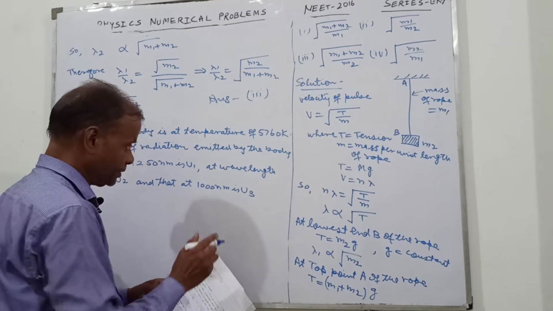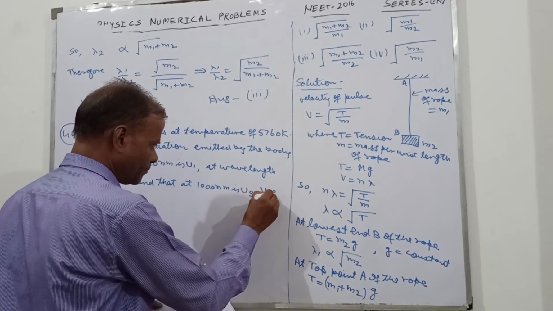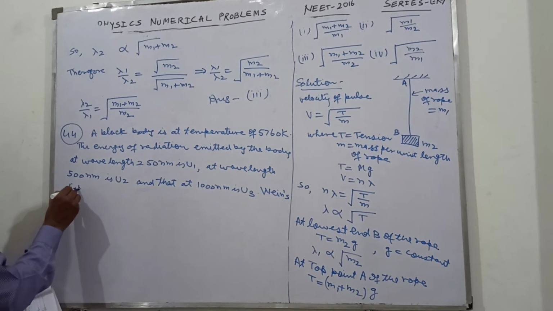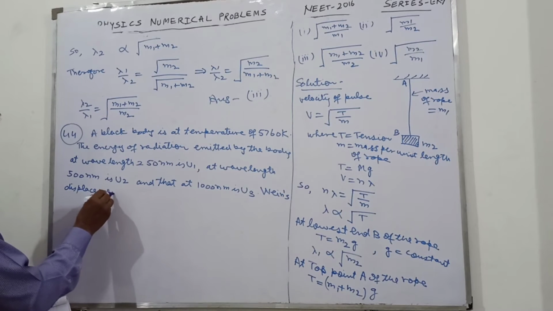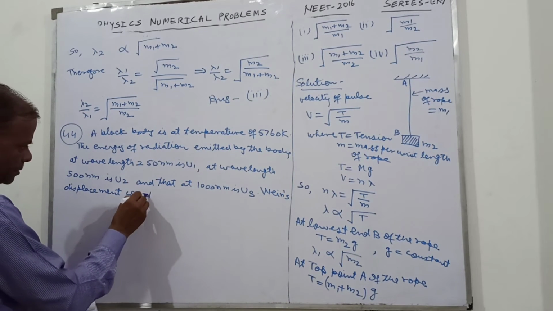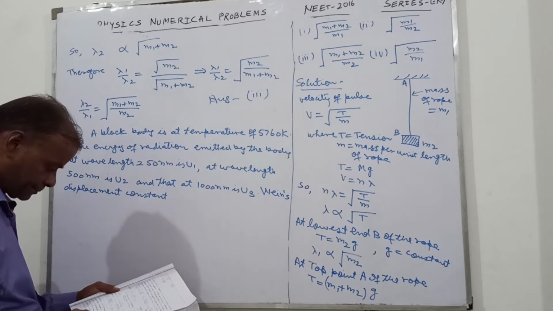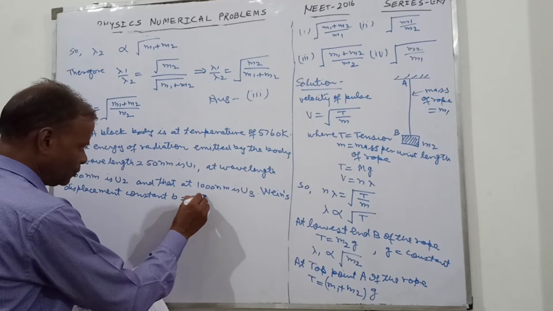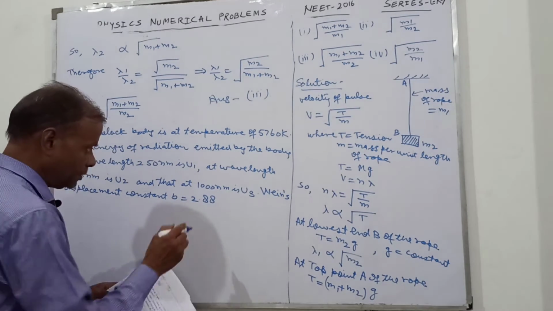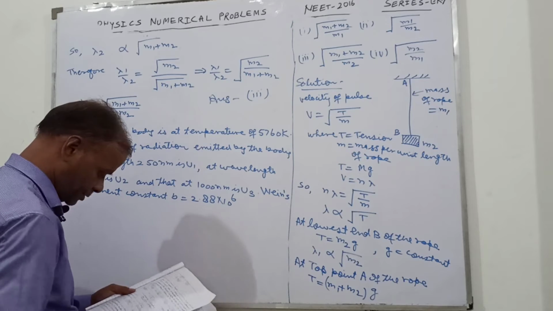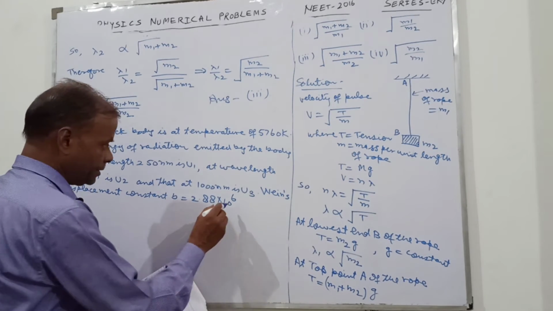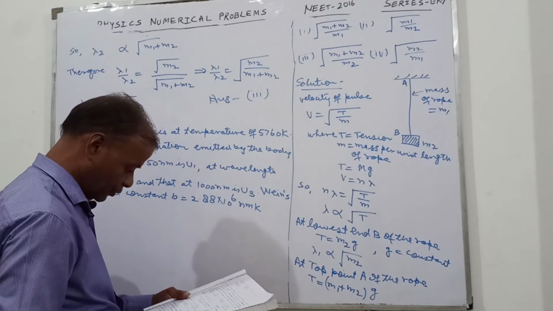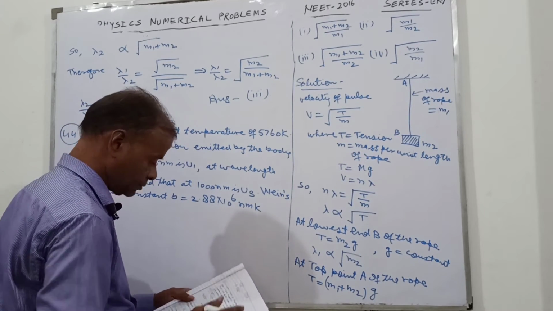Wien's displacement constant b equals 2.88 into 10 raised to the power 6 nanometer Kelvin. Which of the following is correct?